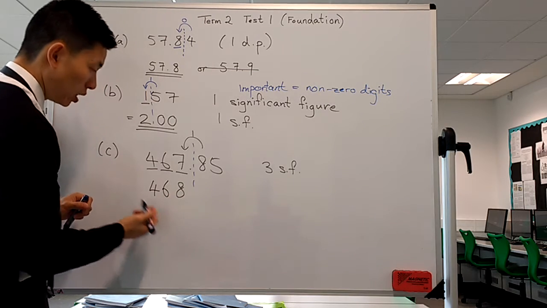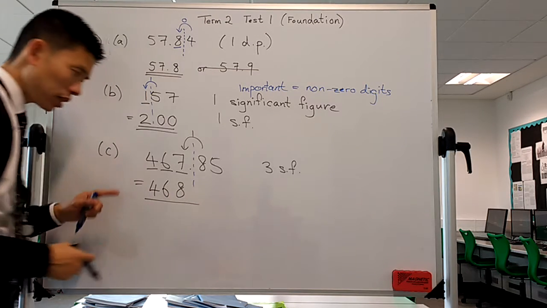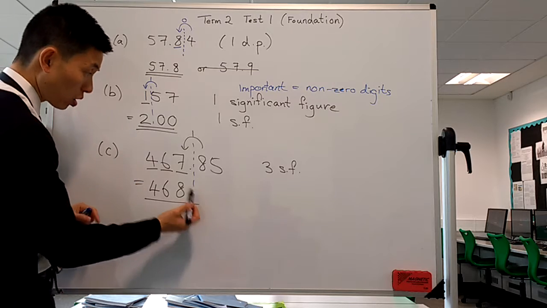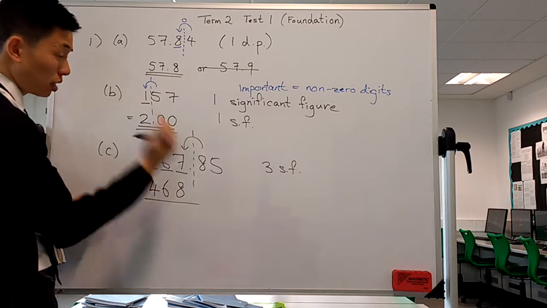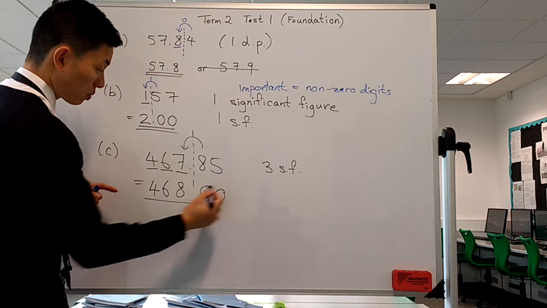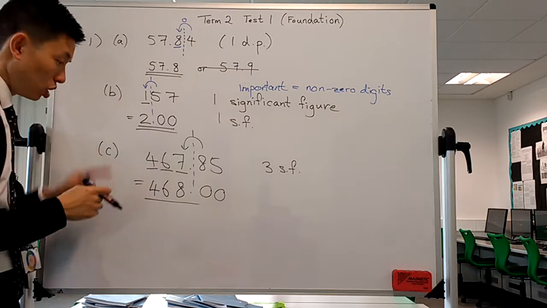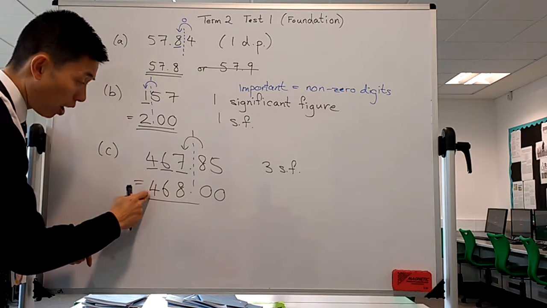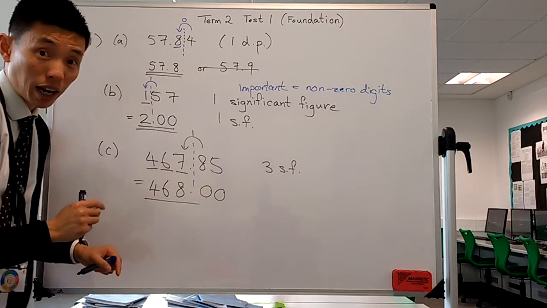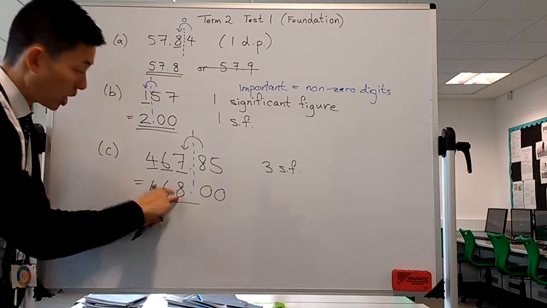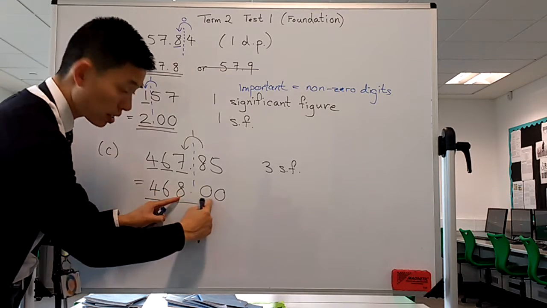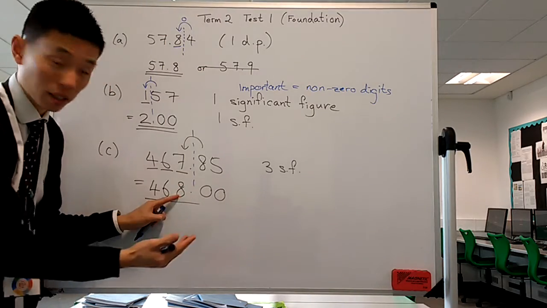468. There is a chance where students thought, looking at this, I need to put zeros. Now, if you do that, you have given us a 5 significant figure answer, because anything behind a significant figure is a significant figure, even though it's a 0.